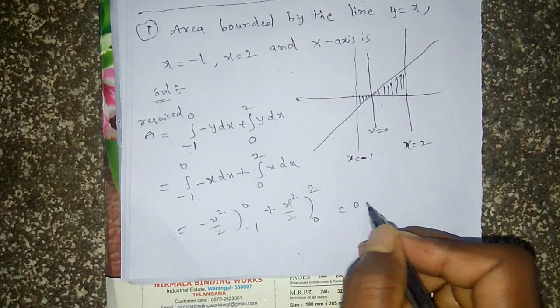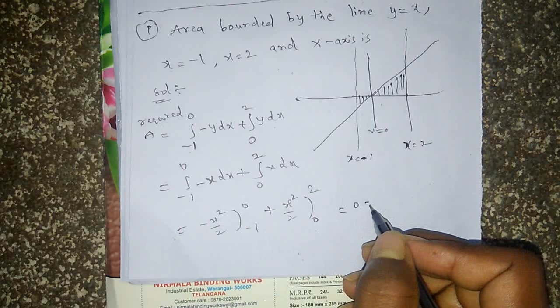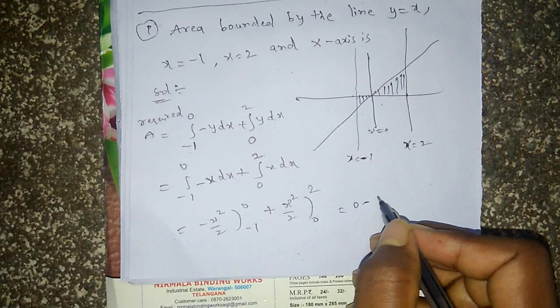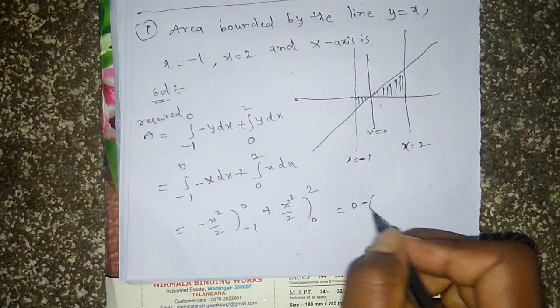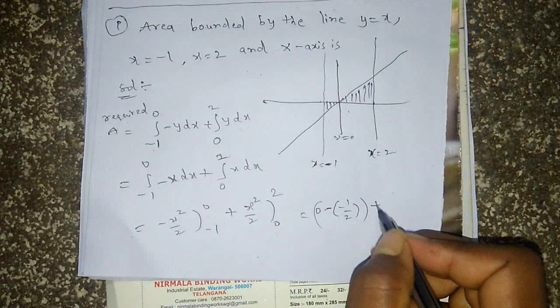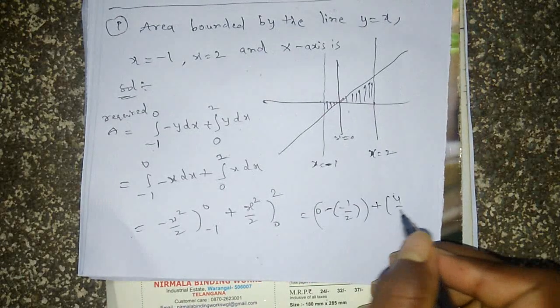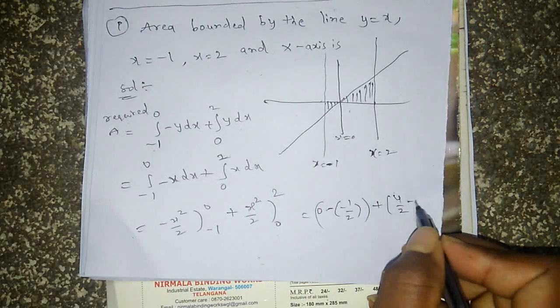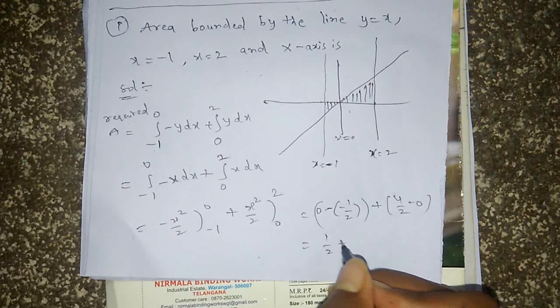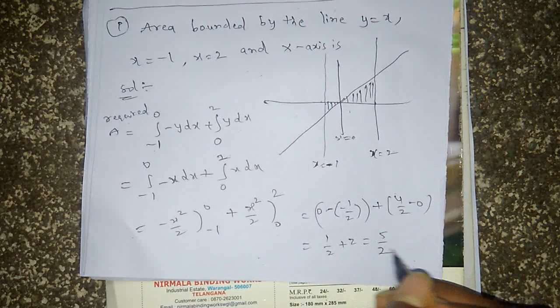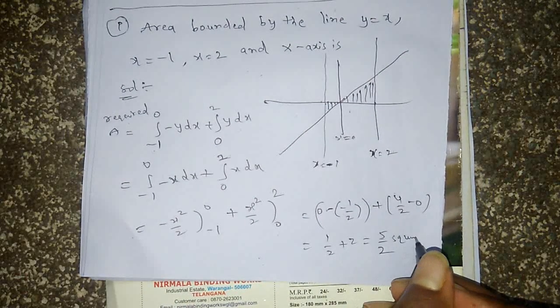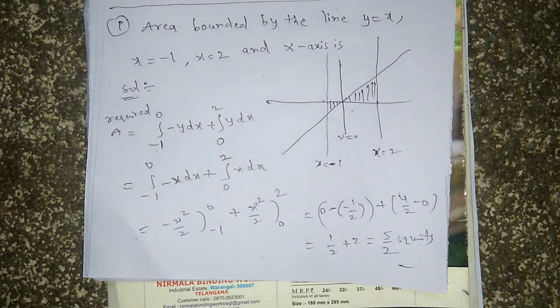This is 0 minus 1 by 2, plus 4 by 2 minus 0. This is 1 by 2 plus 2, that is equal to 5 by 2 square units, the required area.